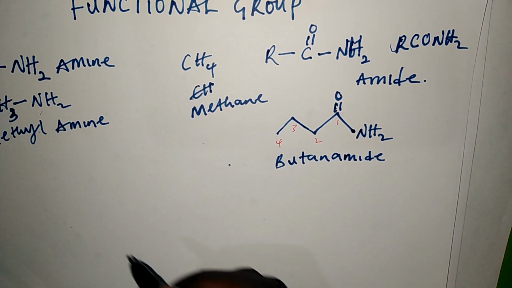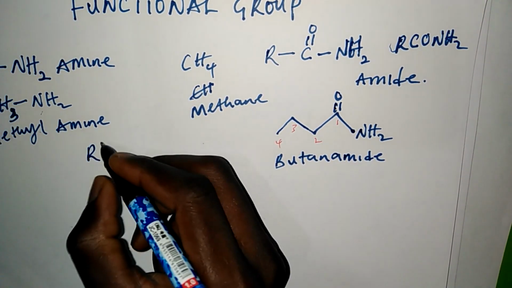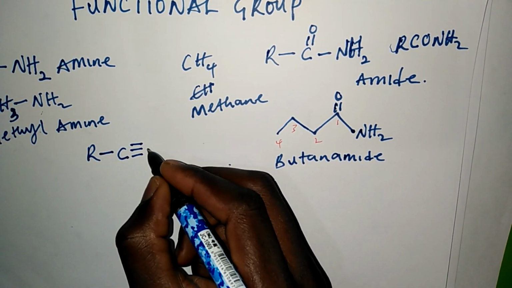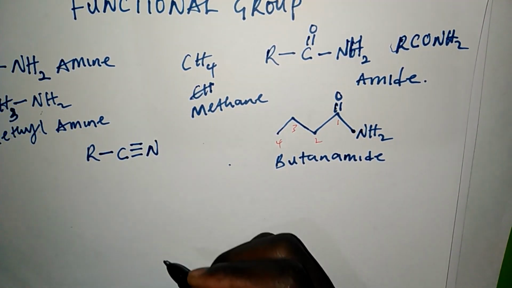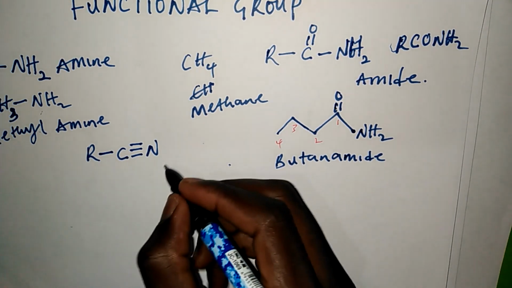What if you have a functional group that has a generic form like R, C, triple bond, N? This particular functional group is known as nitrile.